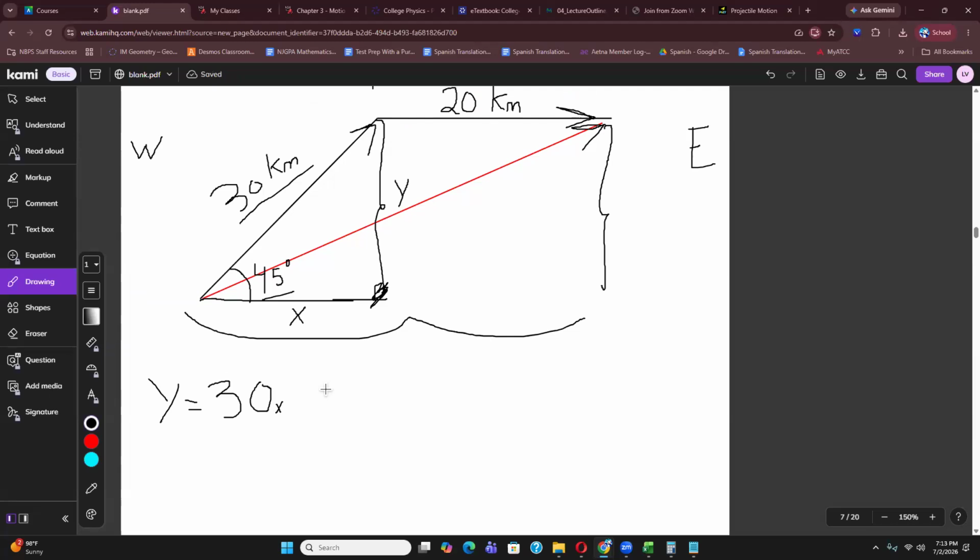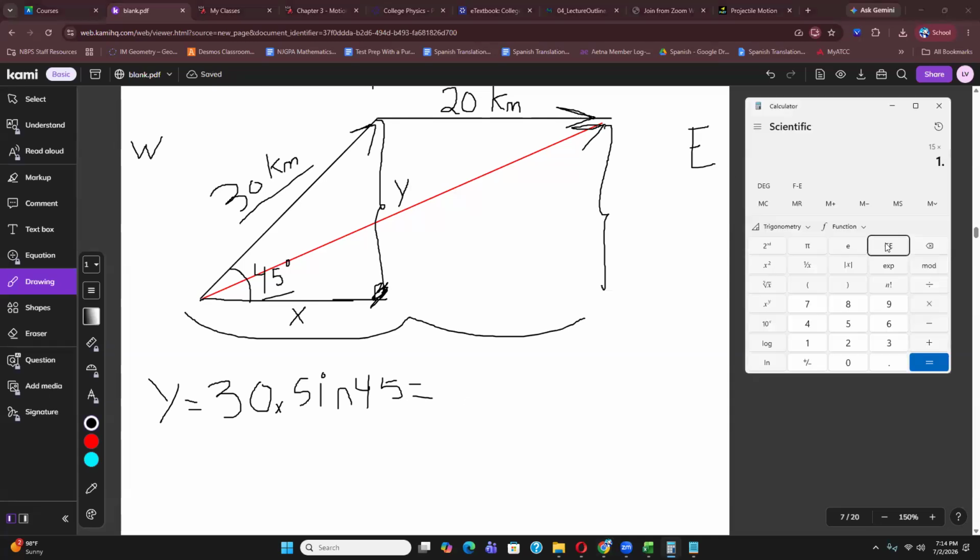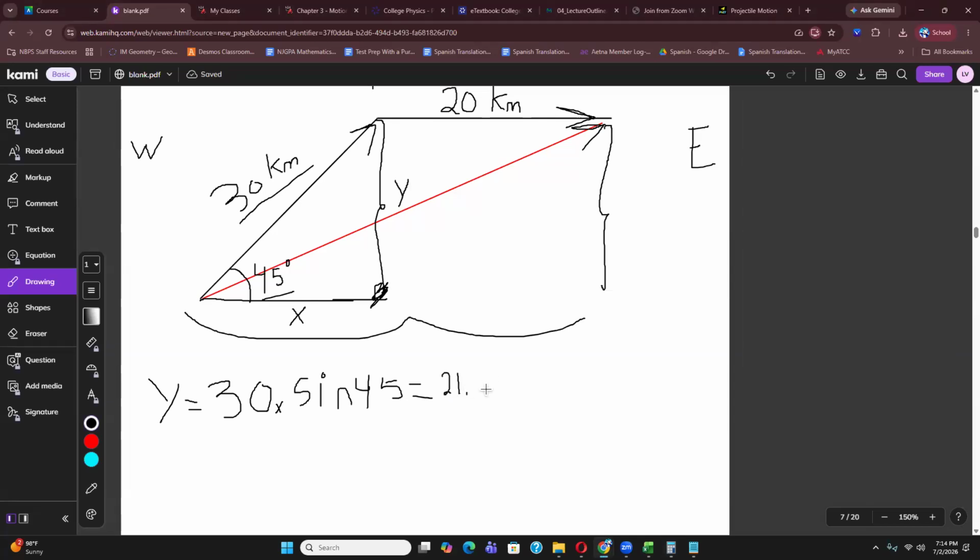Come on, it's a vertical. Would it be 30 sine 45? Yeah, 30 sine 45. 15 root 2, so that's about 21.2. That's this.